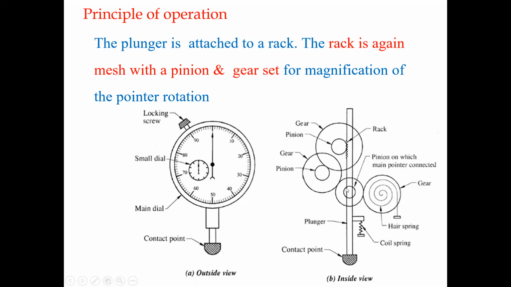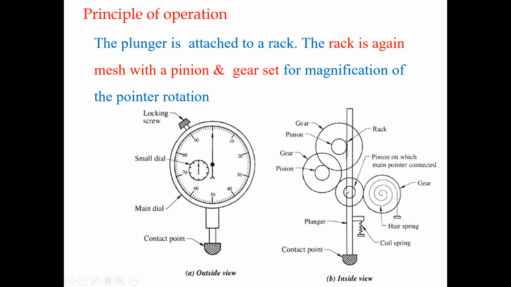Here these two are again external gears. Therefore, the clockwise rotation of this gear is simply converted to anti-clockwise rotation of this gear. If you observe, this gear is rotating in the anti-clockwise direction.